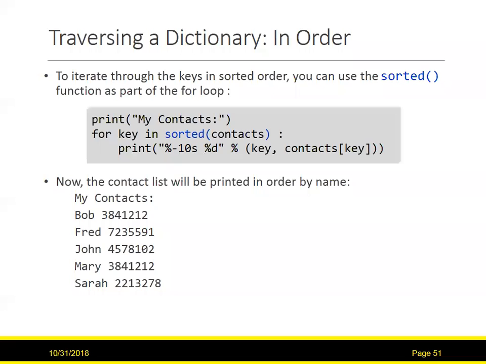By default, it will sort alphabetically, by name. I believe numbers come before letters, but none of these names have numbers for the first character. I believe sorted will work with lists.